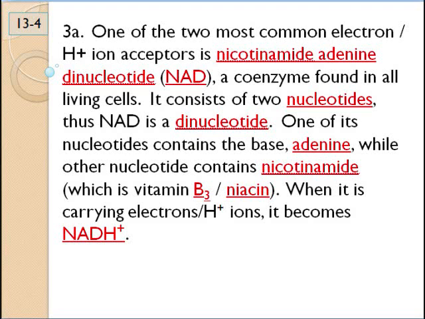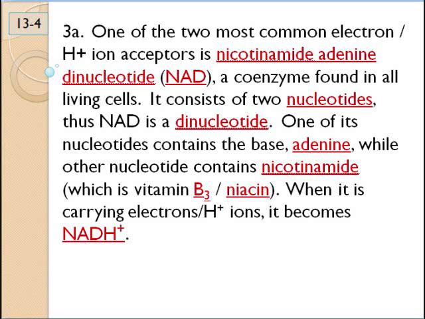Adenine always hooks up with thymine. That's the same adenine as in ADP. ATP has 3 phosphates, ADP has 2, and AMP has 1 phosphate. He's an acceptor.